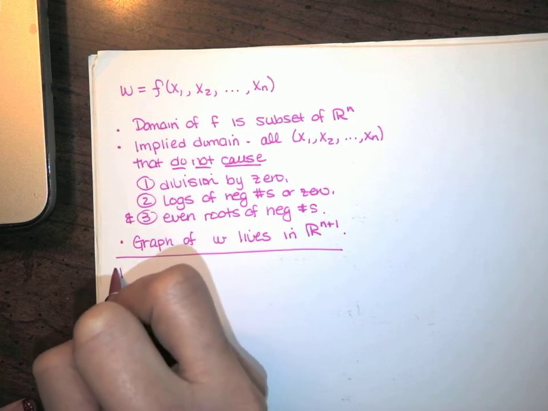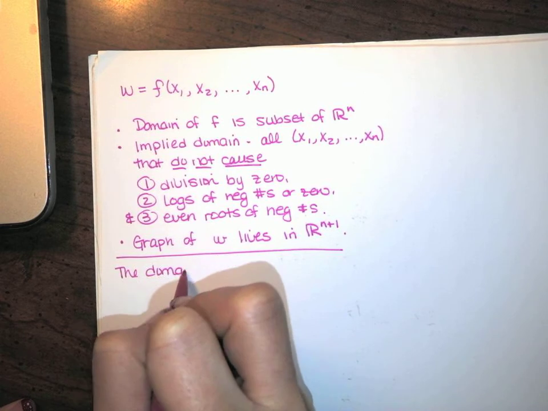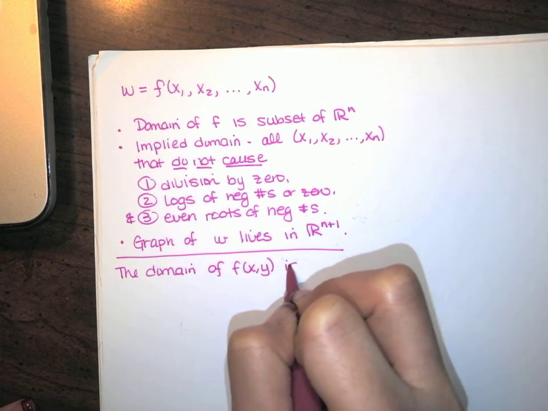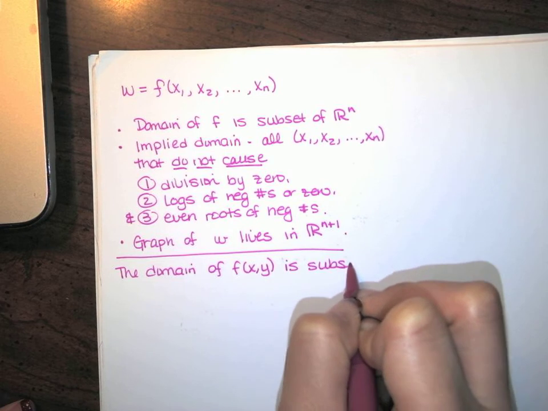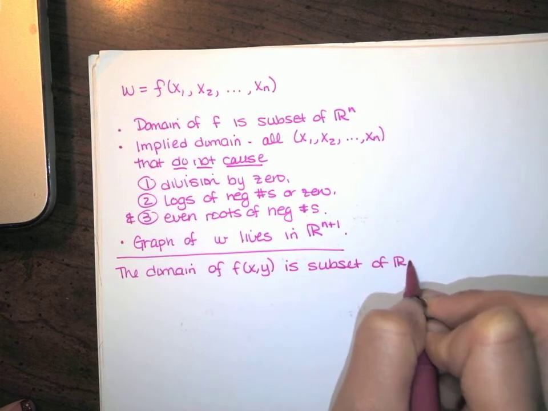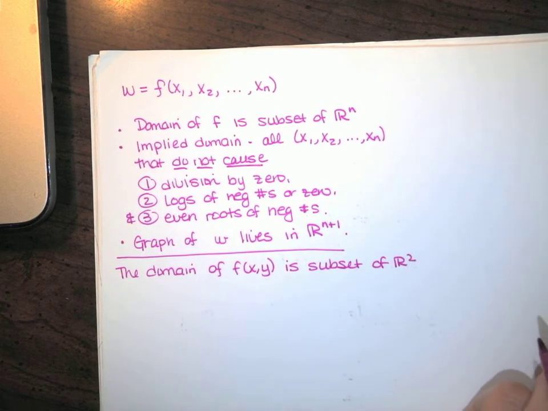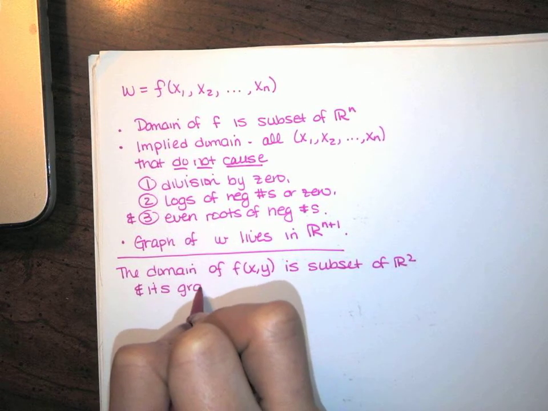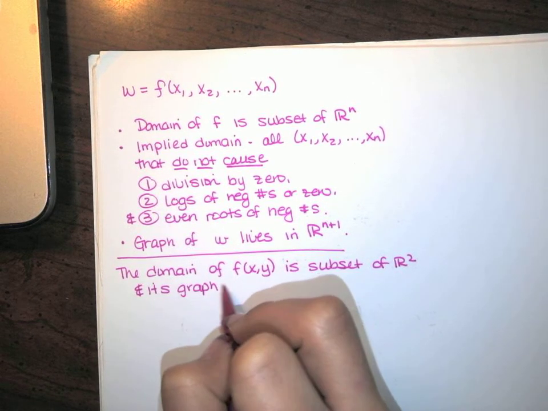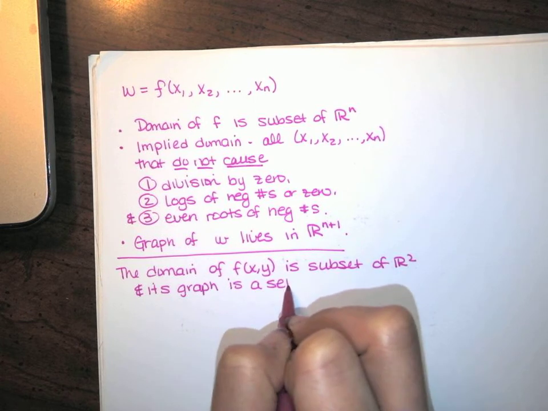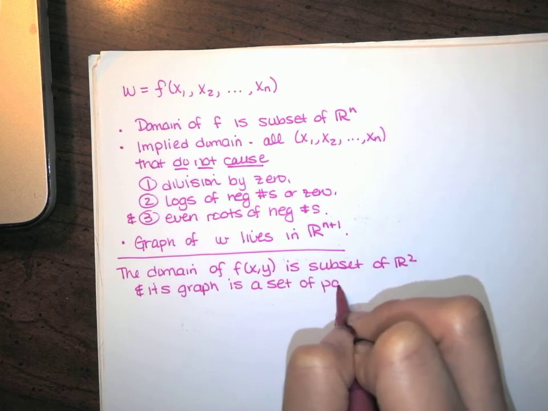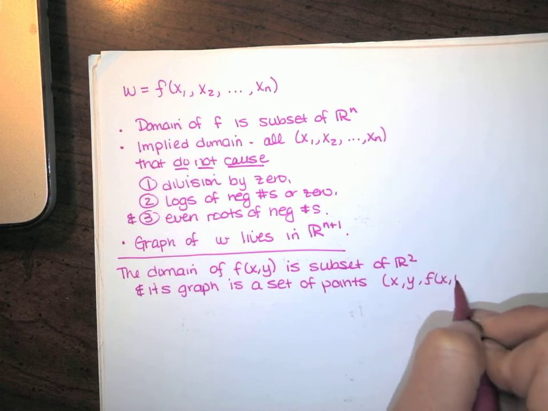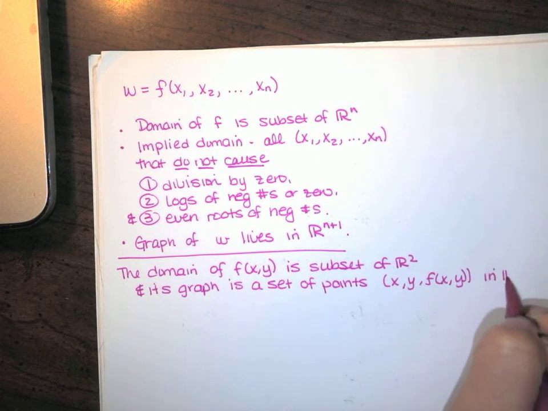So the domain of f of x, y is a subset of R2, and its graph is given by a set of points x, y, and f of x, y in R3.